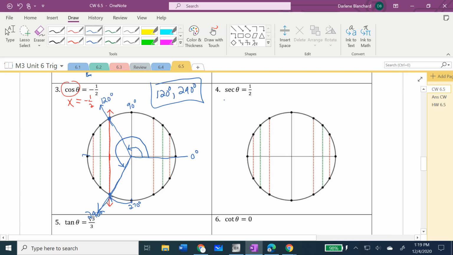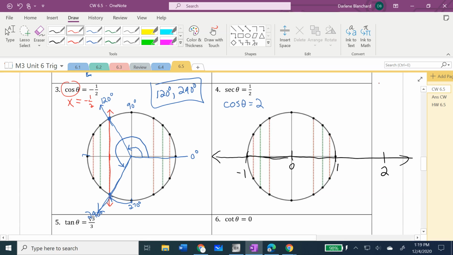So cosine, and what is the reciprocal of 1/2? Two. So what that's saying is draw a vertical line at x equals 2. But if I look at where the x-axis is, here's 0, here's 1, here's -1, 2 is over here.